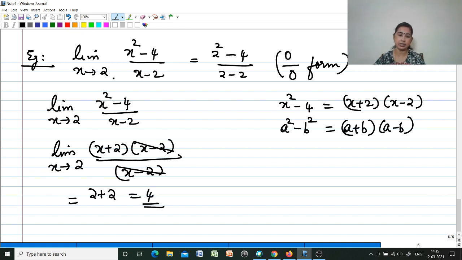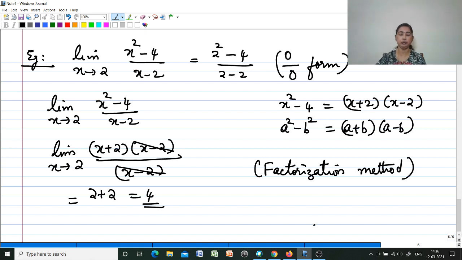So limit x tends to 2, x square minus 4 by x minus 2 is equal to 4, and we have used the method factorization. It won't be told that this method you have to opt for or the other method. You have to understand which one should be used.